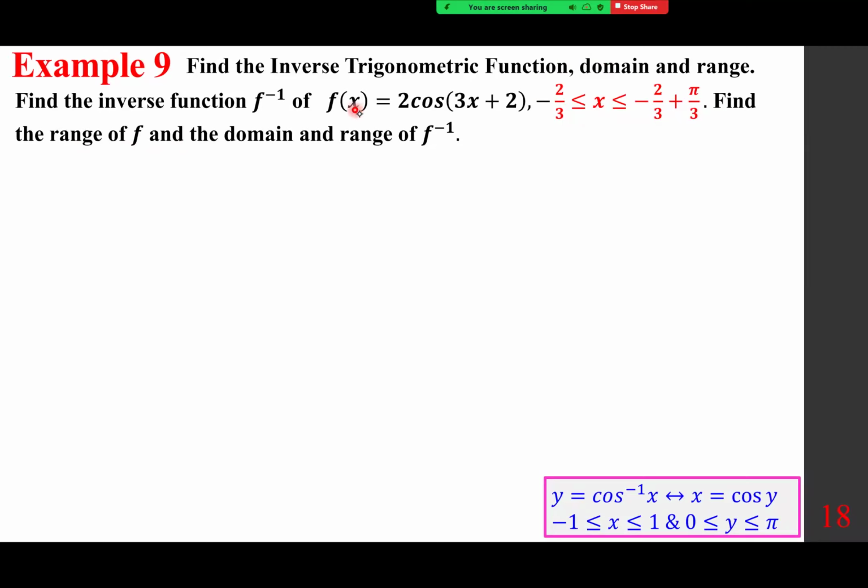f of x is this. Change it to y because that makes life easier to work with. Interchange x and y. This becomes x, this becomes y.